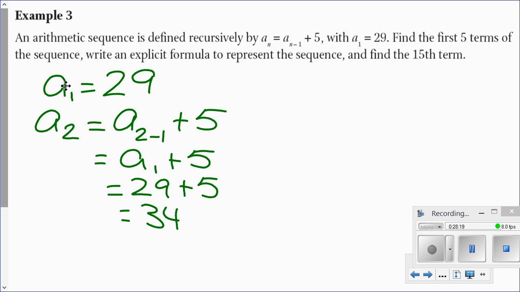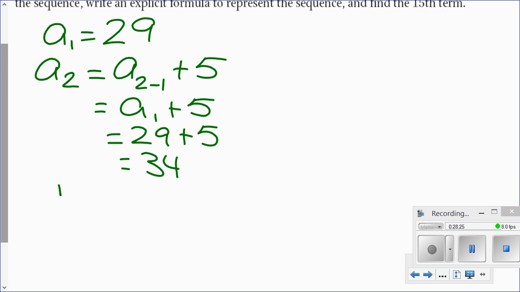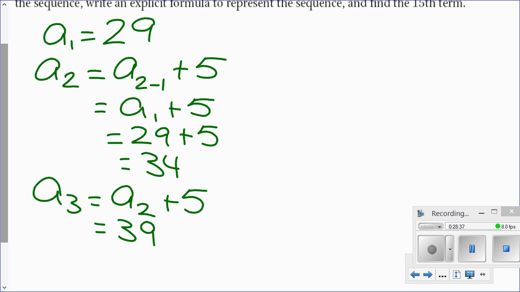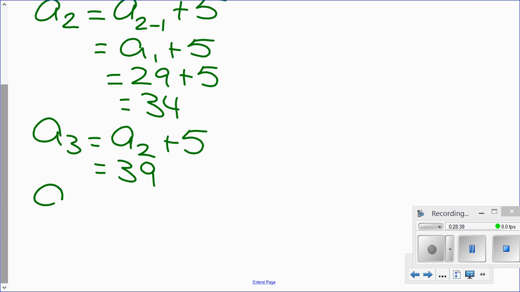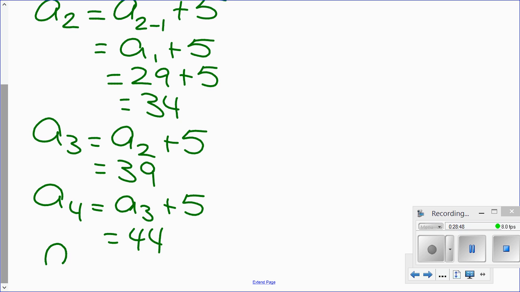I'm just doing that to show you guys. a sub 3 is a sub 2 plus 5, which is 34 plus 5, so it's going to be 39. a sub 4 is a sub 3 plus 5, 44.